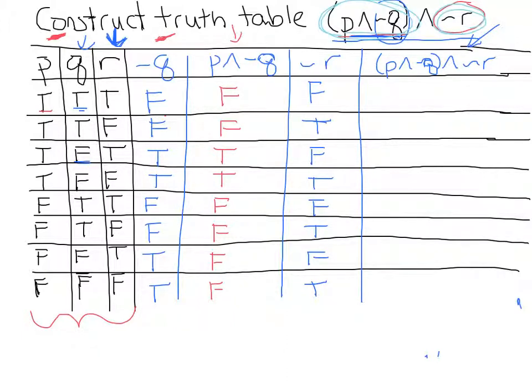So the column that we're going to refer to is this column here, and we're also going to refer to this column. So the only time we're going to write true in our final column is if both of the columns that I just marked are true. Everywhere else it's going to be false.